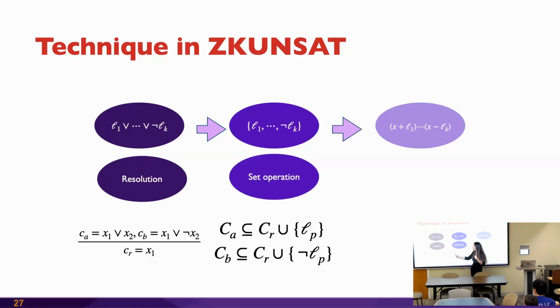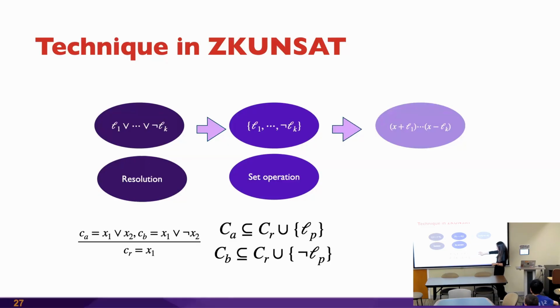We want to prove that clause A is a subset of clause R union with this pivot literal, if we treat the clauses as sets, and clause B is a subset of clause R union with the negation of the pivot literal. If clause R is indeed obtained by applying resolution to clause A and clause B, then when we think about clauses A, B, and R as sets, they should satisfy this constraint.